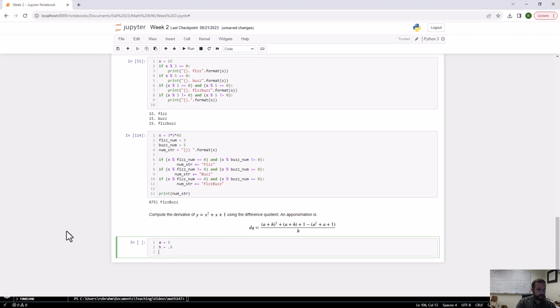And then the difference quotient is just going to be like this, but in Python. So a plus h squared plus a plus h plus 1, and then minus, make sure you use parentheses to put that whole thing in there, a squared plus a plus 1.